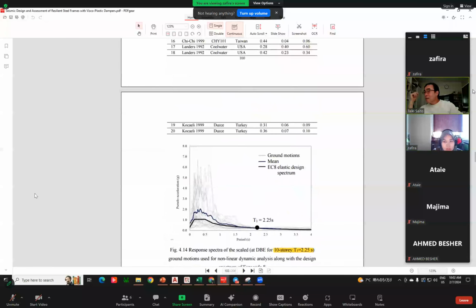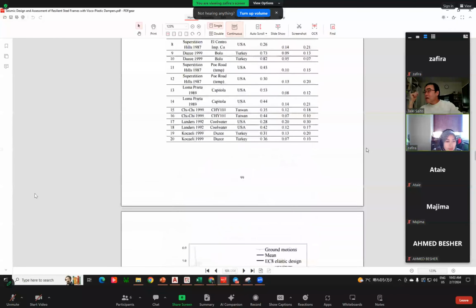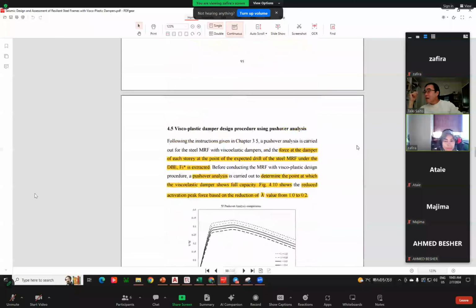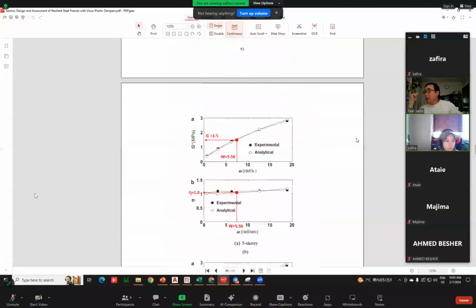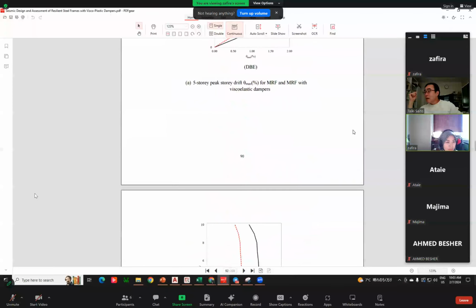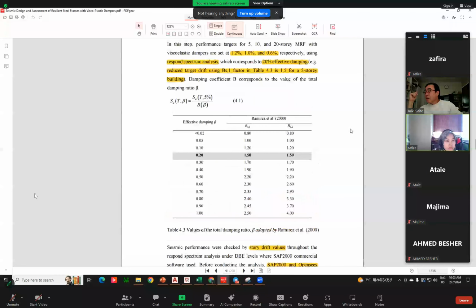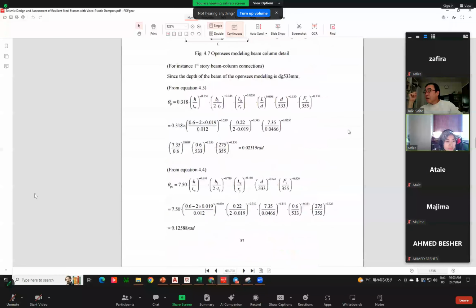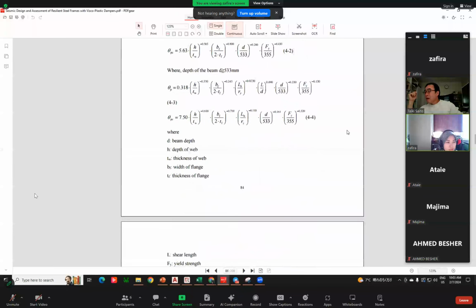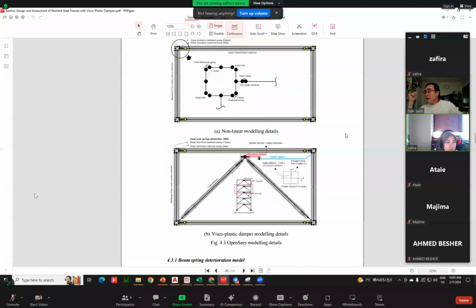Is there a picture of the damper? Yes, this one.